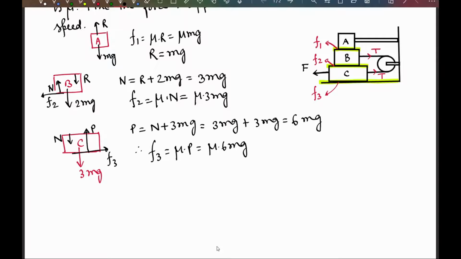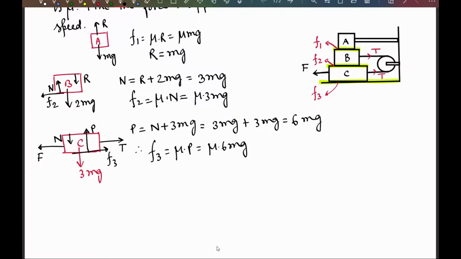Now, as block C is applied with a force F in this direction, the pulley applies tension on the block in this direction.